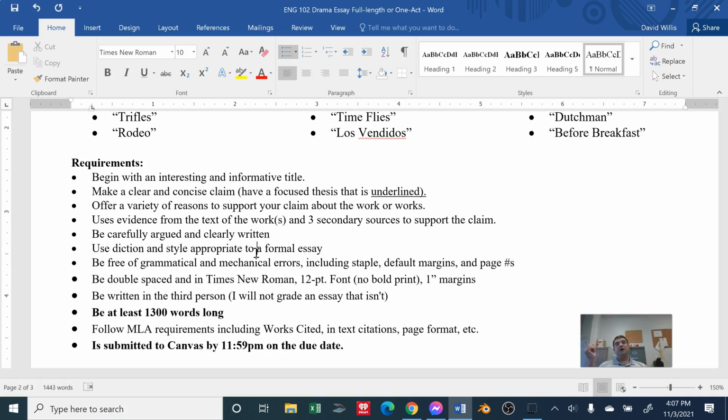That means it's written in the 3rd person, avoids the second person, first person, all that sort of stuff. And also make sure you're following the approved research material policy. Too many papers with the poetry essay lost points because you didn't follow the rules outlined in the syllabus. So please do make sure you're following the approved research material policy.